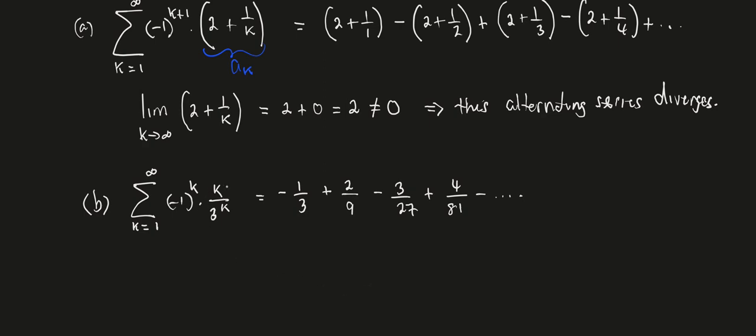All right. So let's take a look at, here's our a sub k, right? And so let's write that down. And we have k over 3 to the k. So I'm going to go through and establish, or check, I should say, both of the criteria in order. So the question is, is this decreasing?